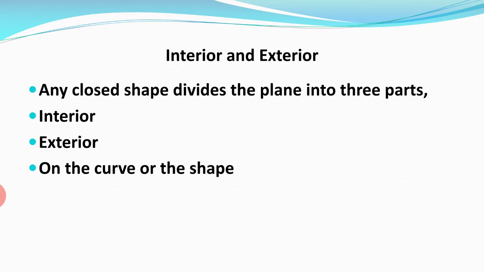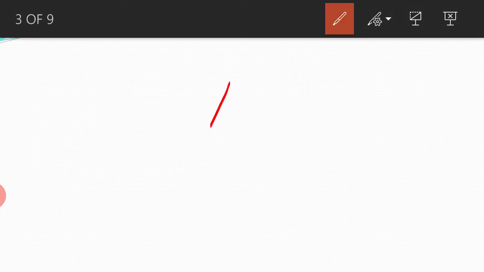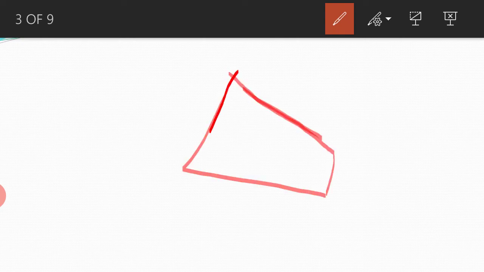Is it okay? Now when we talk about interior and exterior, we come to the polygon again. Now I will draw a polygon. Suppose I am drawing a quadrilateral. Now this is a quadrilateral, suppose. So what is its interior? You can see, we call these angles as interior angles because they are inside the quadrilateral.